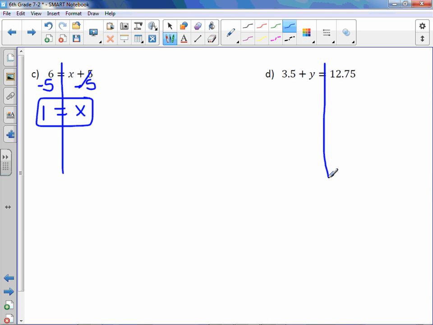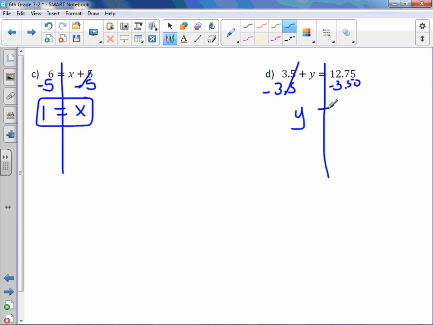Letter D, put your line down the equal sign. I have the variable y, and I have a positive 3.5. So to get rid of a positive 3.5, I subtract 3.5. And make sure you're lining up those decimals. And it looks like I'm going to have to add a 0 here to help me subtract. 3.5 minus 3.5 is 0.